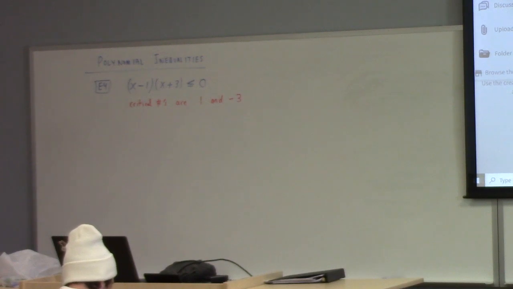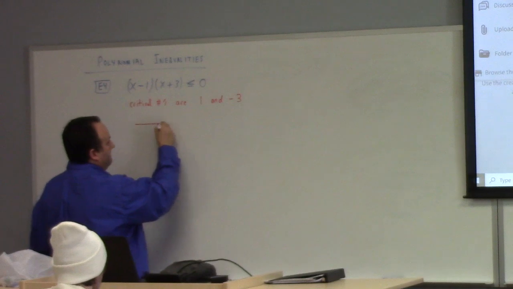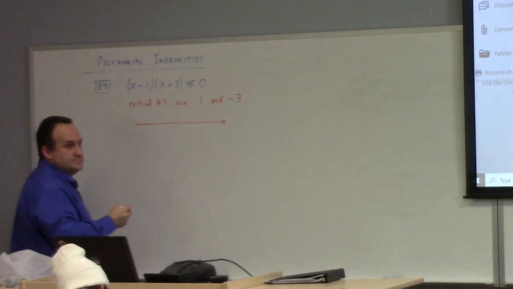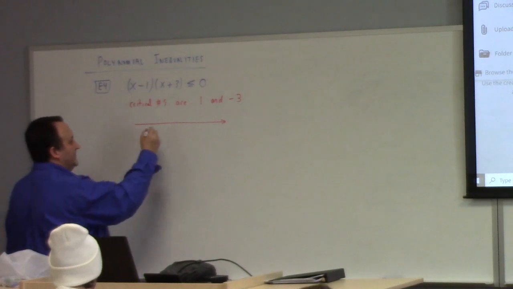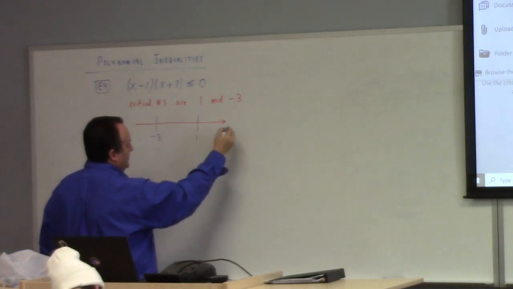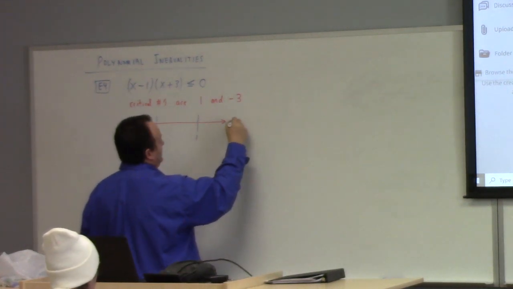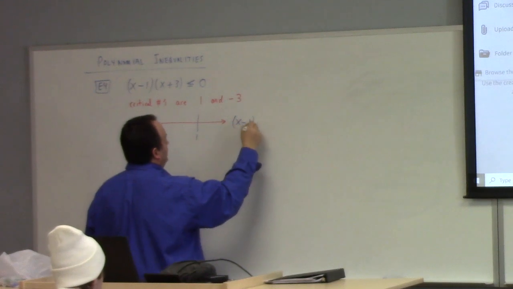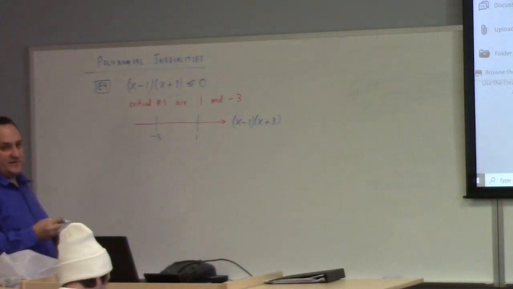All right? Next, I put these numbers on a number line. And I put them in order, right? Which comes first, -3 or 1? Going left to right, -3, that one's the smaller number. Then you got 1 over here. They don't have to be to scale, but here's your number line. And what I'm graphing here is the sign of that expression.